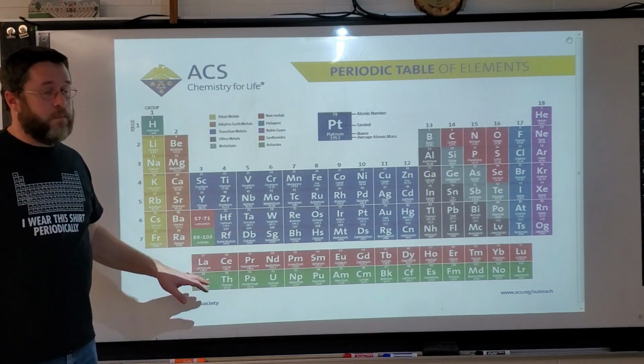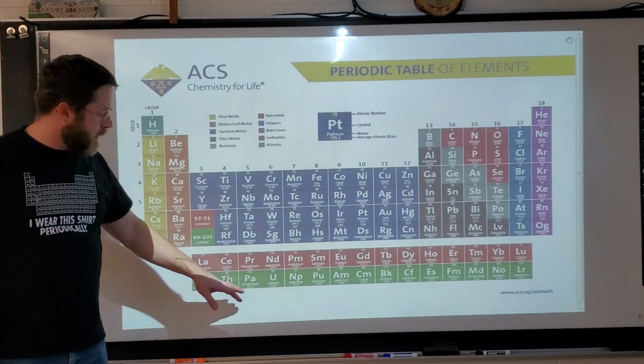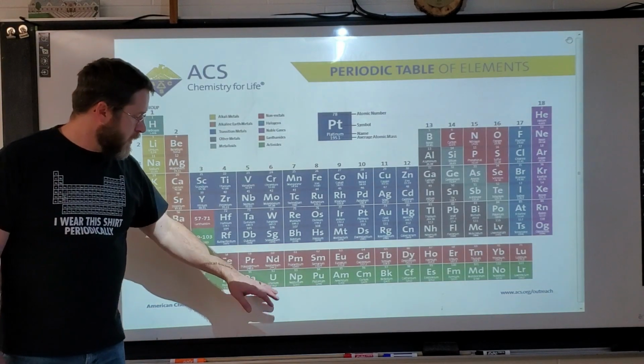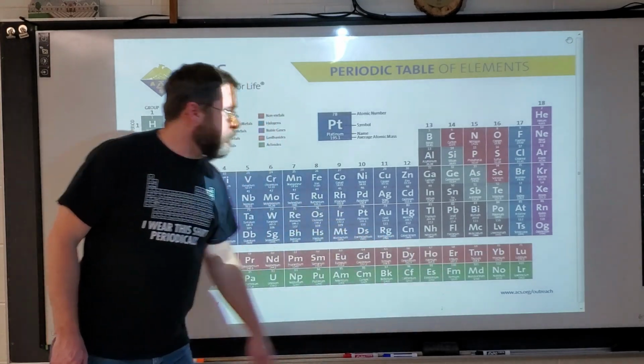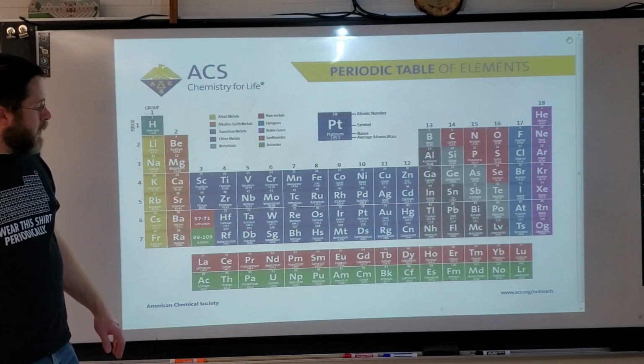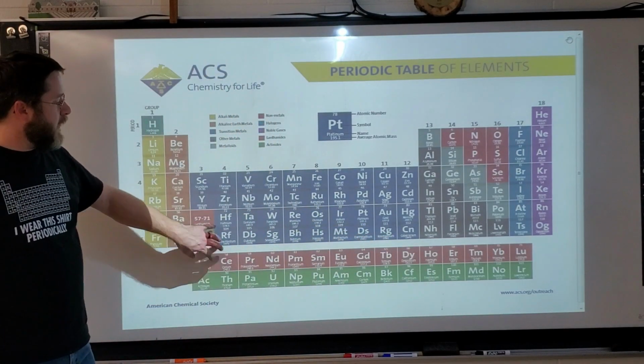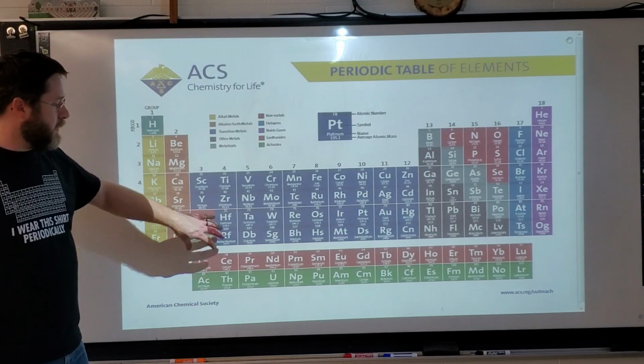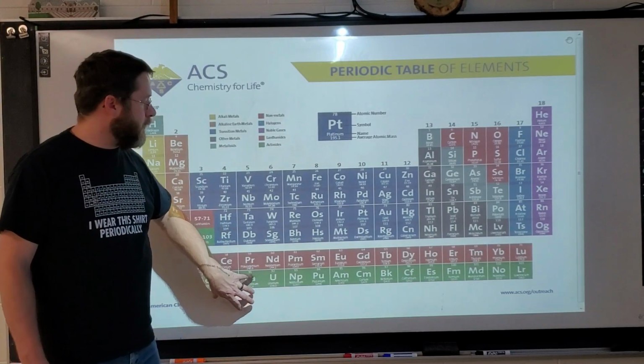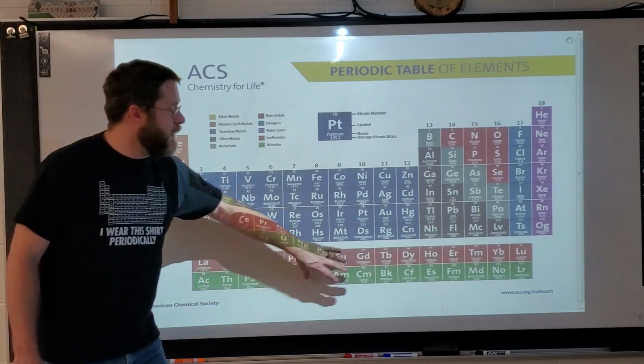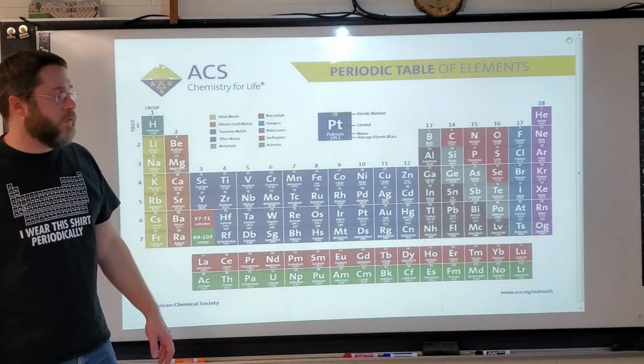So some of them are radioactive, like we have uranium down here. In fact, most of the things above uranium are radioactive. So these, because they have their own little properties, are kicked out of the center mass and moved down here, but they still qualify under the metals category.